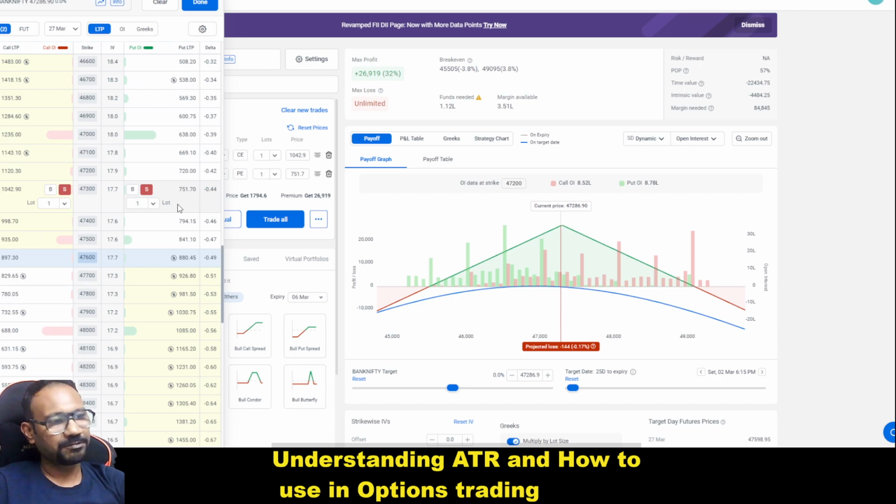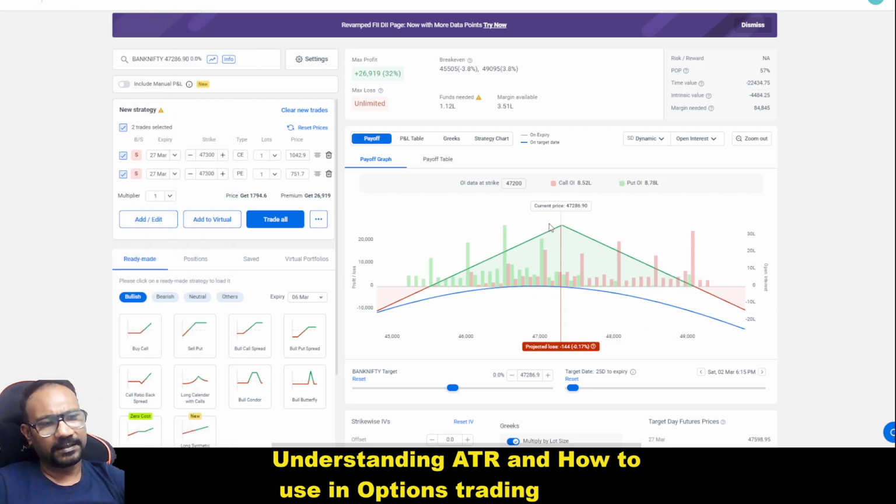So 1750 points is much higher than the ATR value on a weekly time frame, right? Which is a pretty good thing. And you need not always create the straddle where the market is.